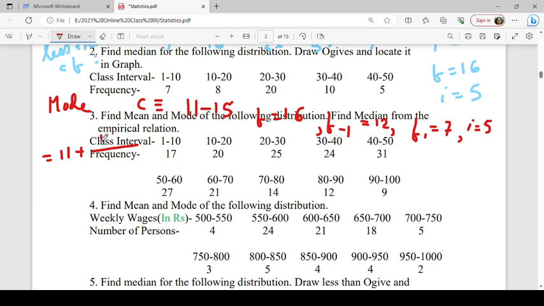It is 16 minus 12 by 2 into 16, it is 32 minus 12 minus 7, into 5. Simplify this one. It is 11 plus 20 by 13, I think.